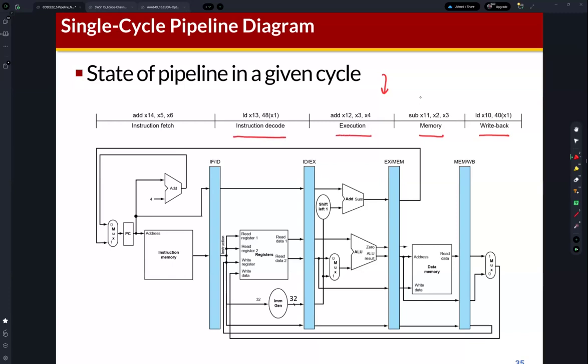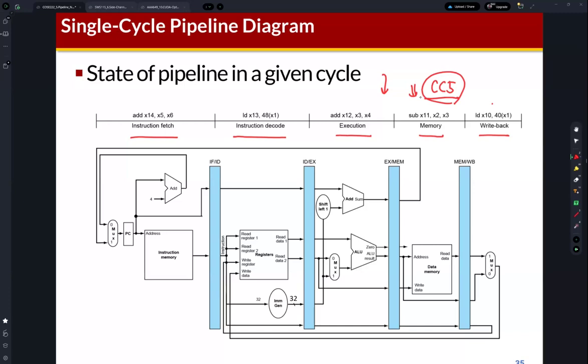Then another load instruction is in the ID stage, and then another add instruction is in the instruction fetch stage. So this is CC5, where we can observe different instructions in the different pipeline stages.